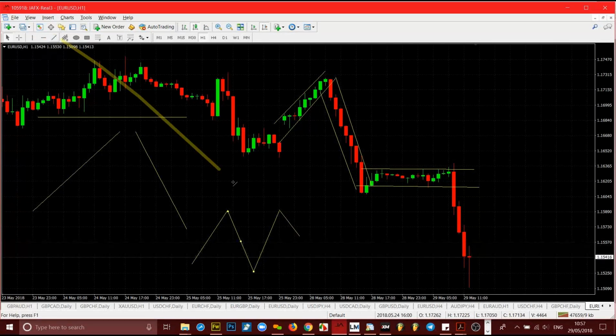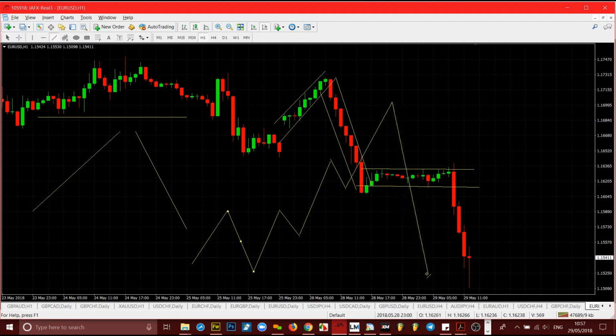Then move like this, move like this, move like this, can even come back like this, fall, you know, and then who knows, could even go back. You know, so price moves in a zigzag manner.